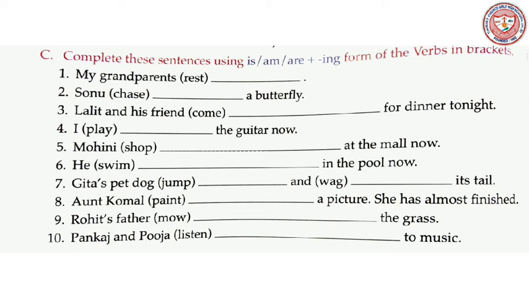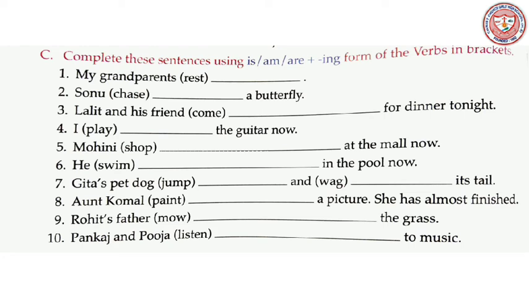Sonu is chasing a butterfly. Is plus verb plus ing. Present continuous form of the verb to express an ongoing action. Followed? Okay.